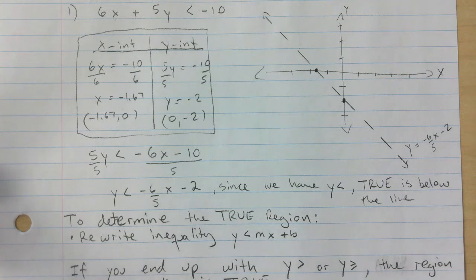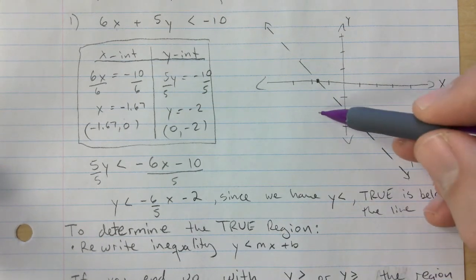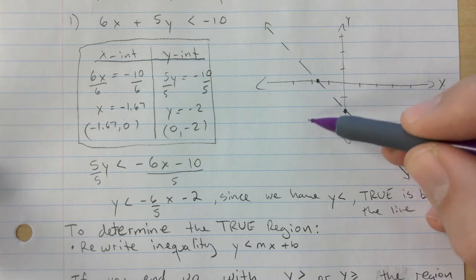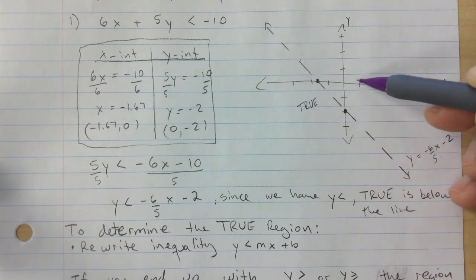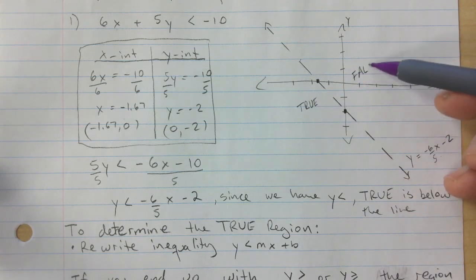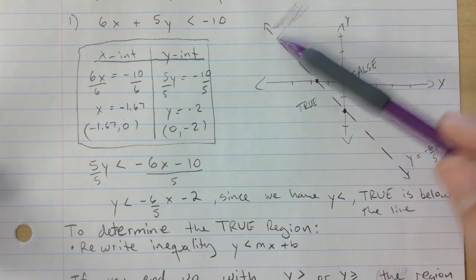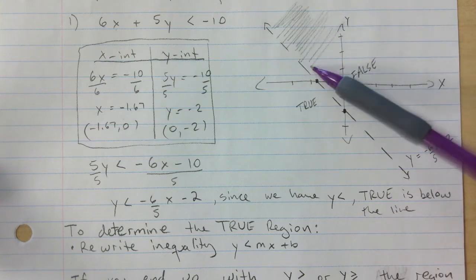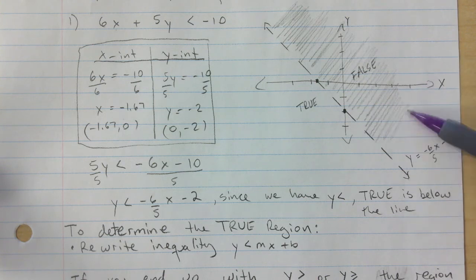It doesn't really matter, but really if you're talking about the boundary line, it's this equation without the inequality that we're looking at. So we have true is below the line. So below the line would be everything here, right? Everything below that line would be in this area. So this is false up here. Okay. So in this case, we would have to shade, if we're doing reverse, which is what I'm advocating for, we would shade this region right here.